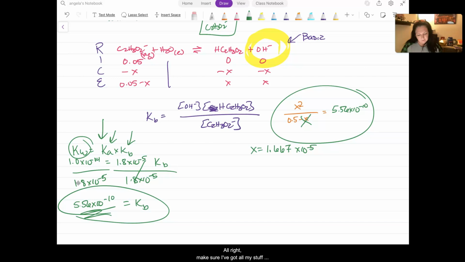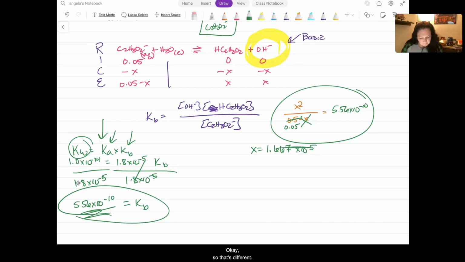All right, make sure I've got all my stuff in here correctly. 5.6 times 10 to the negative 10 times 0.5. Oh, it's not 0.5, it's 0.05. I need to be in class so you guys can catch me when I make a mistake. 0.05. Now take the square root of that answer.